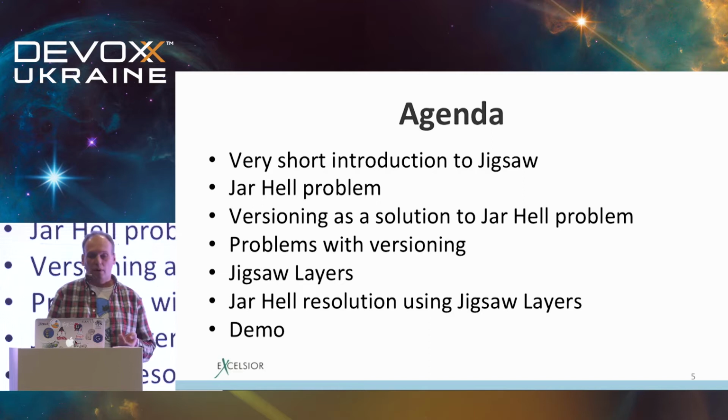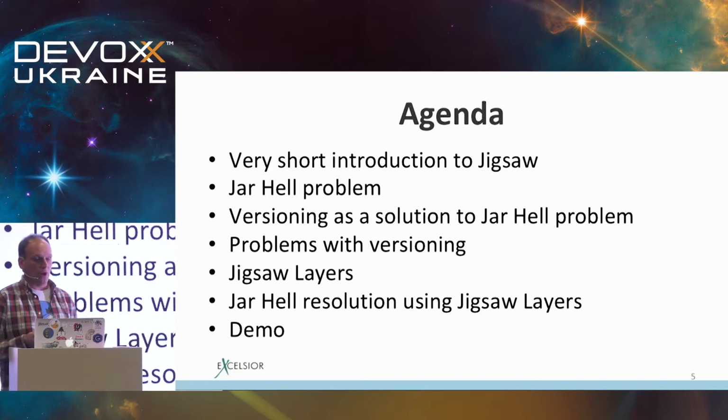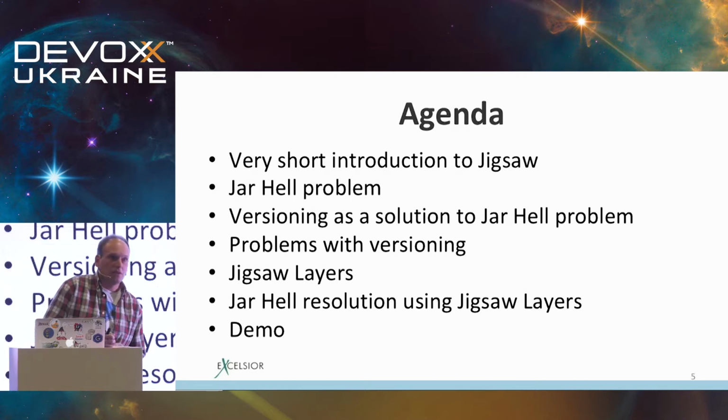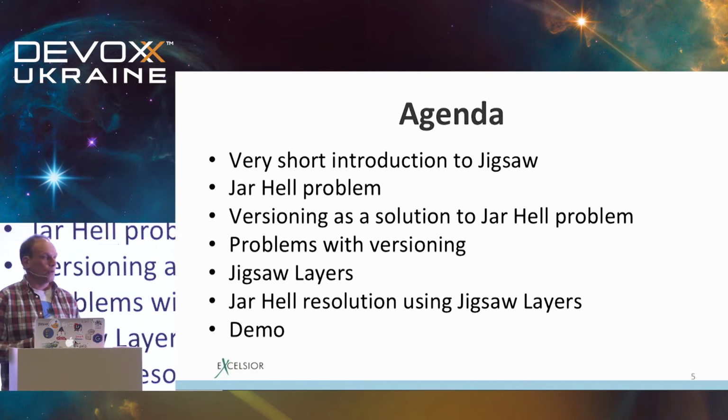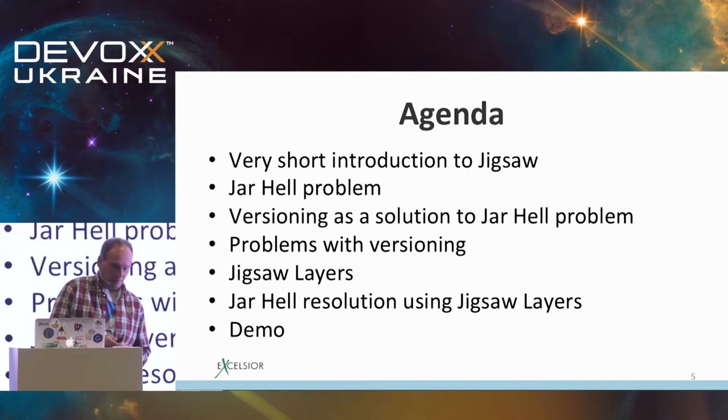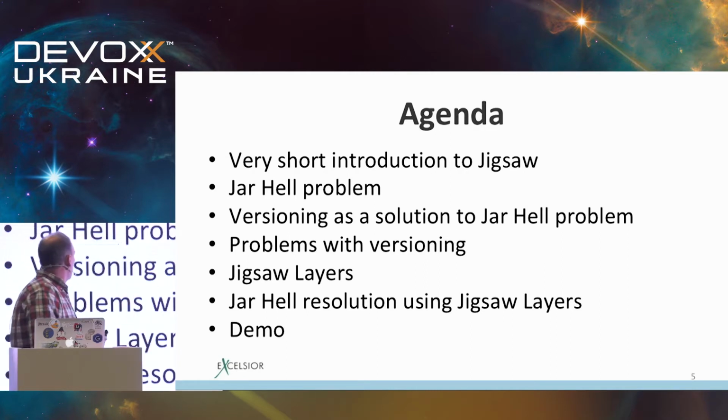With this basic information, we can pose the jar hell problem, and then we will talk about versioning and the problems regarding versioning. By the way, maybe someone saw my last year's talk about OSGi versus Jigsaw? Wow, great. So a disclaimer for you: I took the versioning part from that talk.